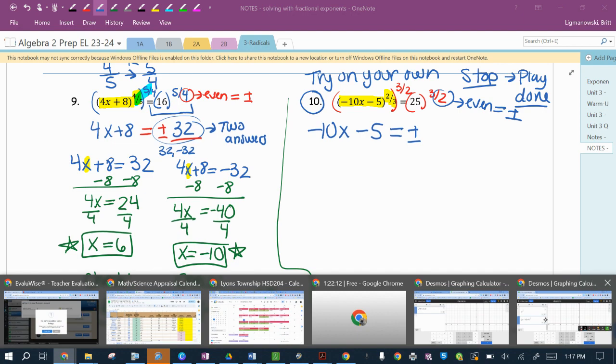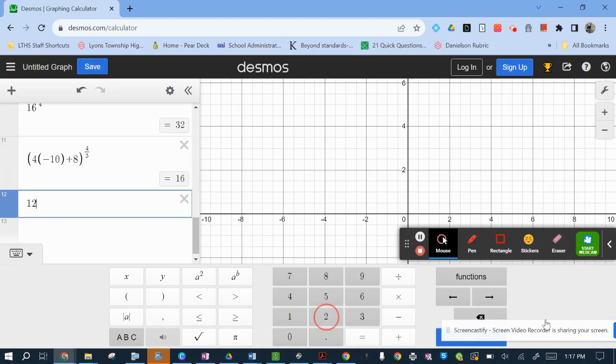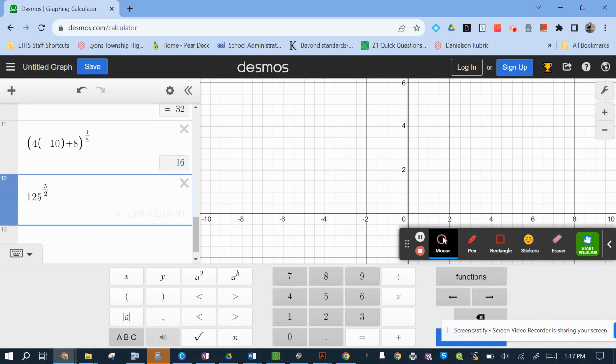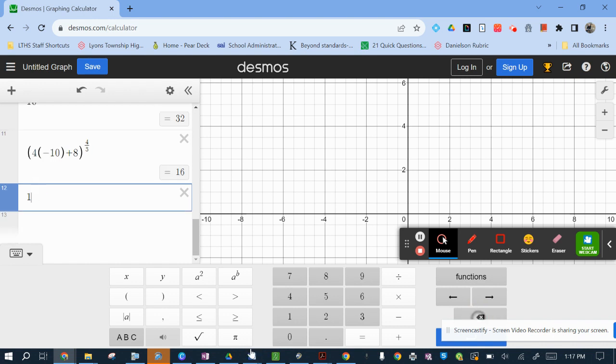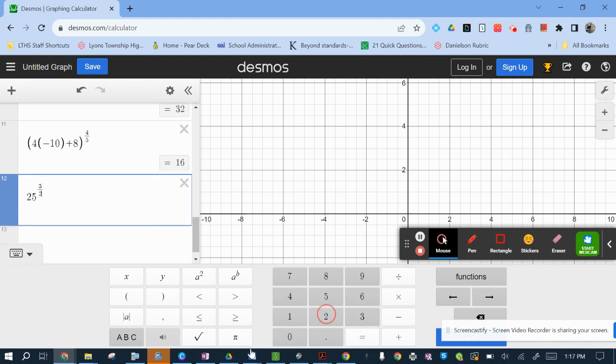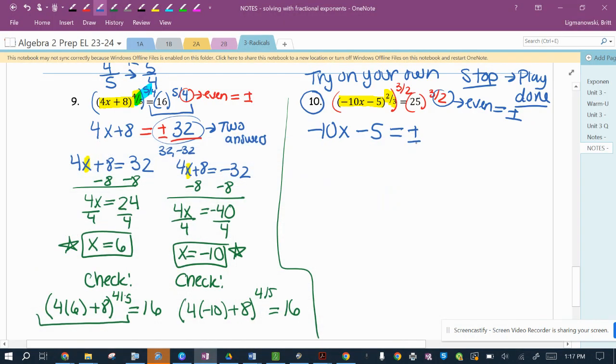In my calculator, I'm going to do 25 to the 3/2 power, sorry guys, which is 125. So we're going to have positivo and negativo 125.